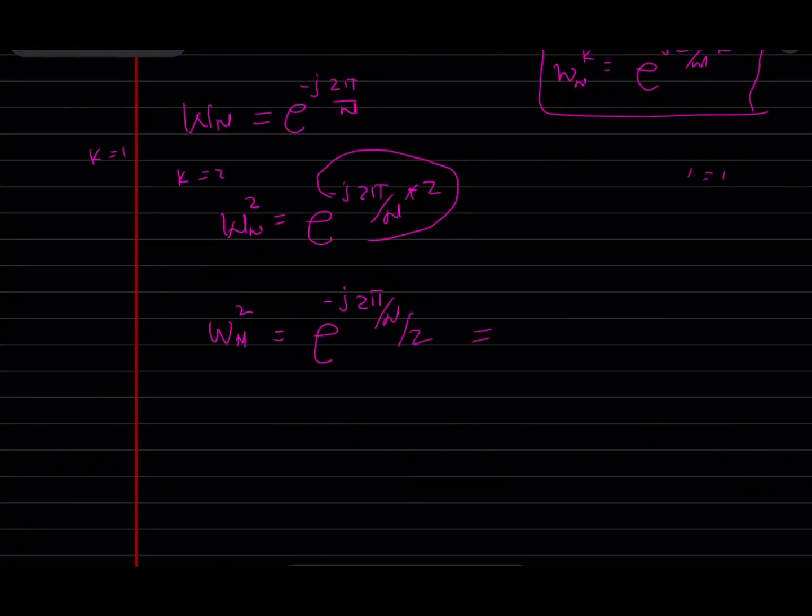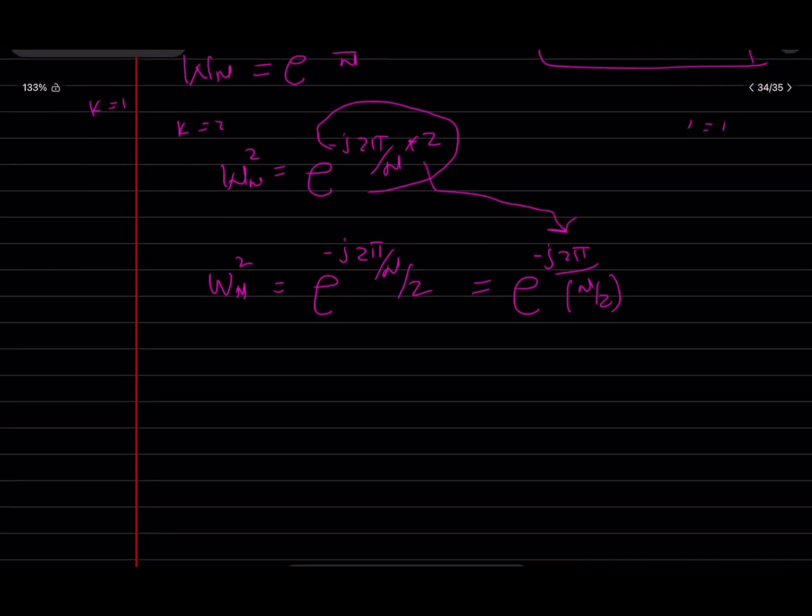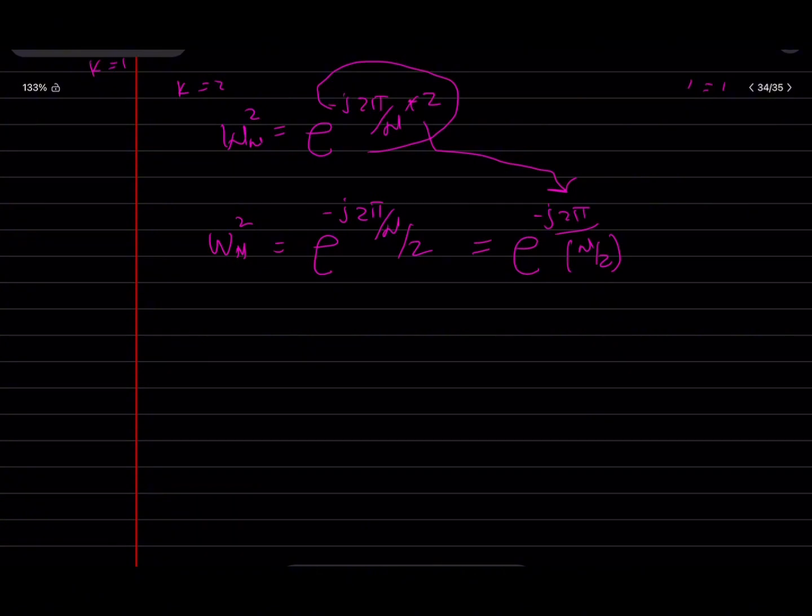Let me write it down so you see it: negative j 2 pi over into bracket n over 2. This has been done because when I want to write it in the normal way like this, I can also do it as negative j 2 pi multiplied by 2 over n.